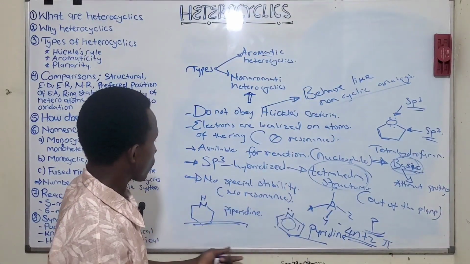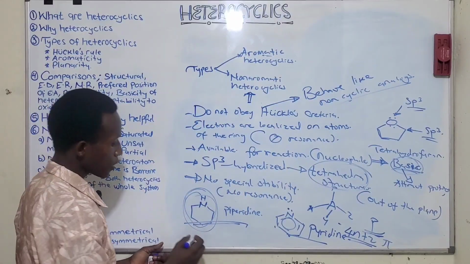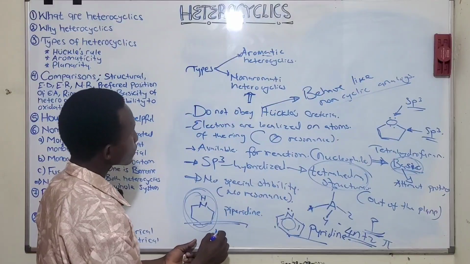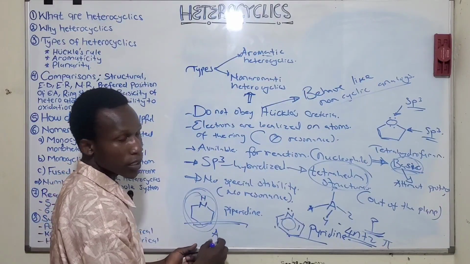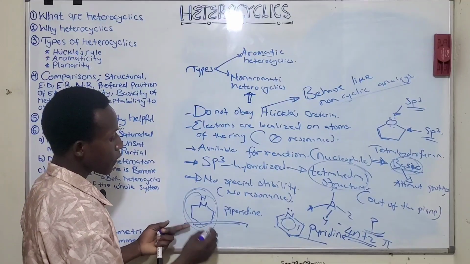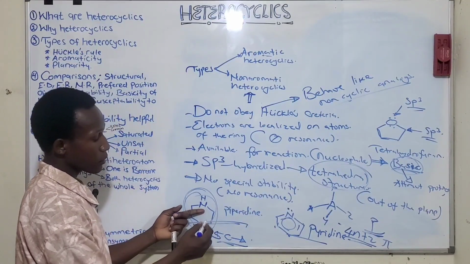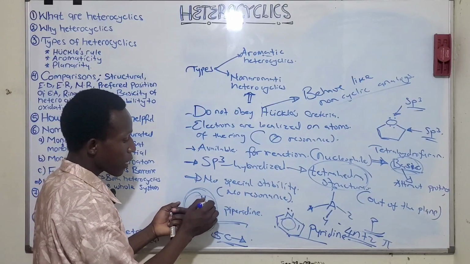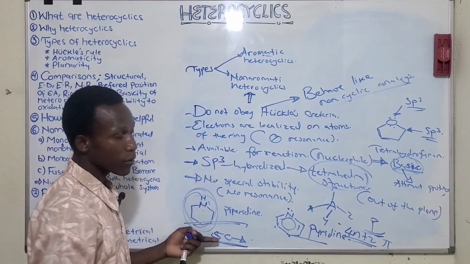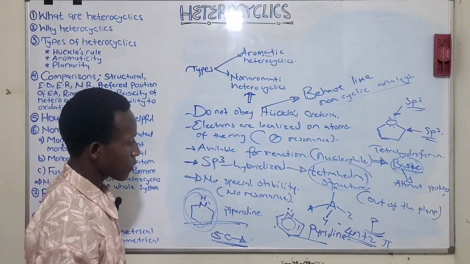For example, this one behaves like a straight chain amine, a 5-membered amine, because its electrons are available for reactivity, like for a 5-membered aliphatic amine.